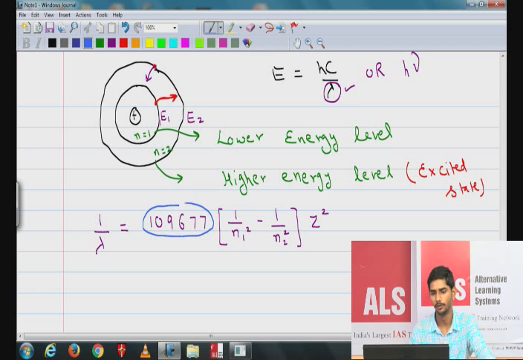This number is known as the Rydberg constant, which is represented by RH, where R stands for Rydberg and H stands for hydrogen. So this one is known as the Rydberg constant.